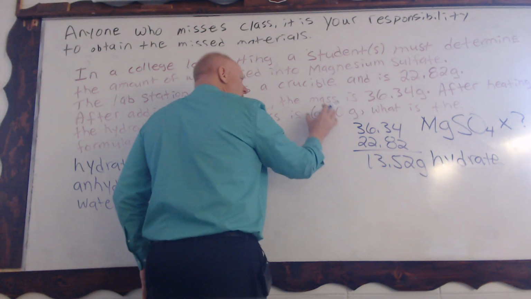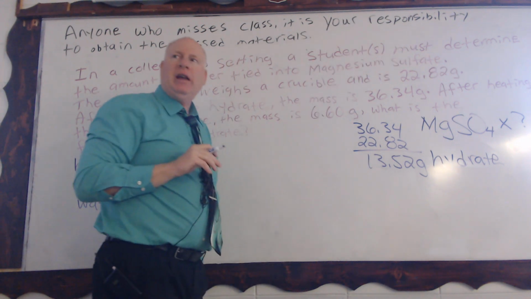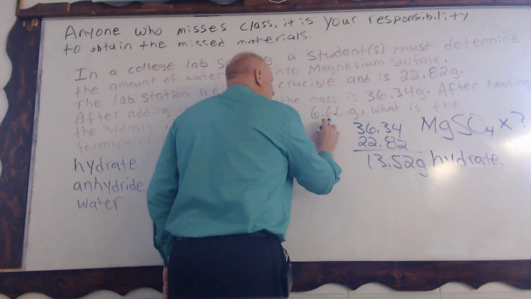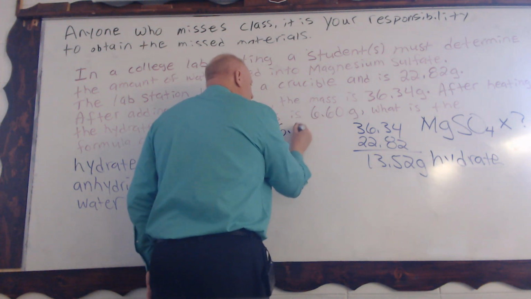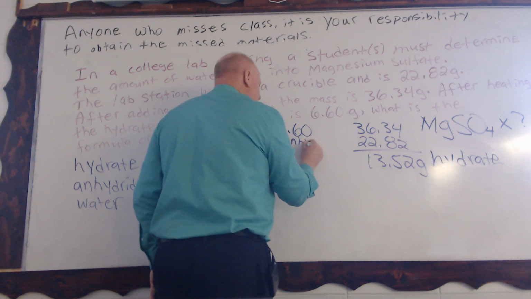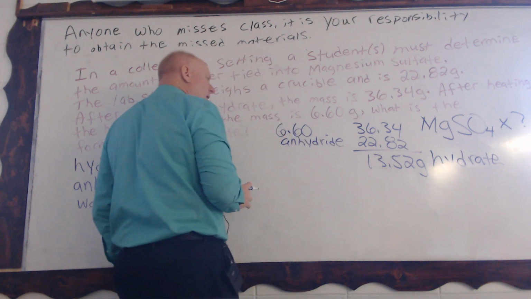So we heated it up. All that water got sent, whatever. So this is our, I'm going to write anhydride, because that's the white powder that you're going to see left behind.